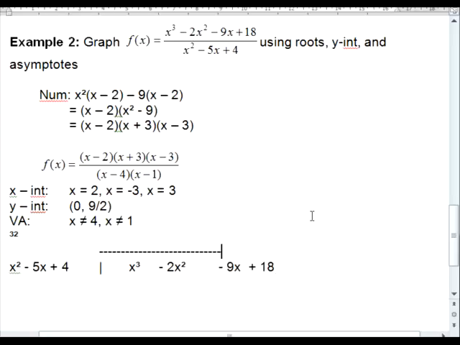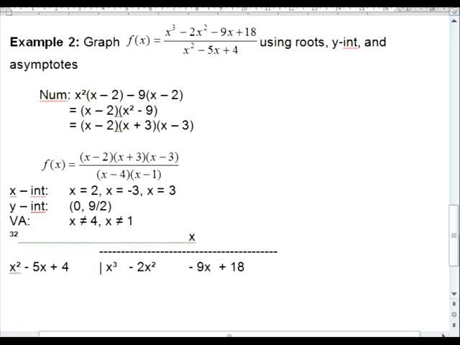Sorry for the poor artwork. I'm just spreading that out so that everything will be lined up properly. Okay, so this is my division statement. You're looking for the number of times that x squared goes into x cubed, so that's just going to be x.